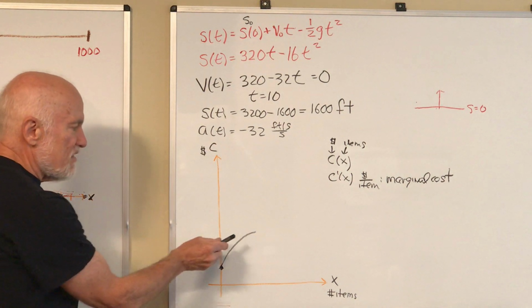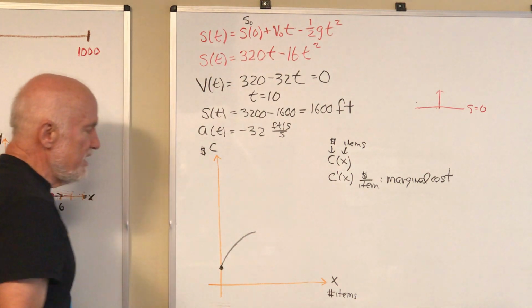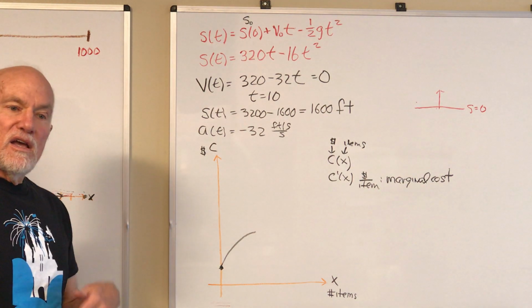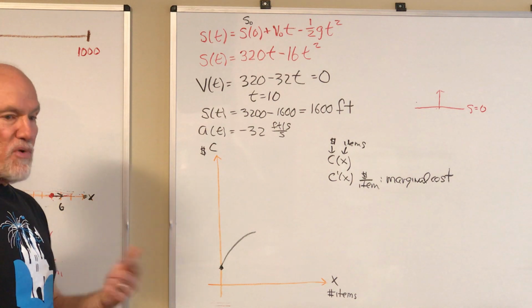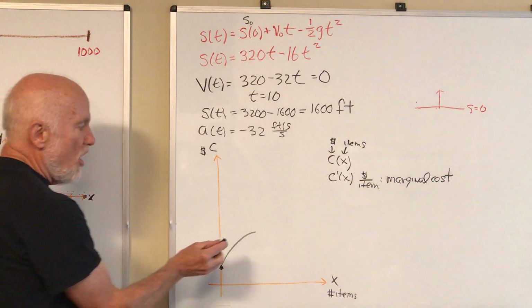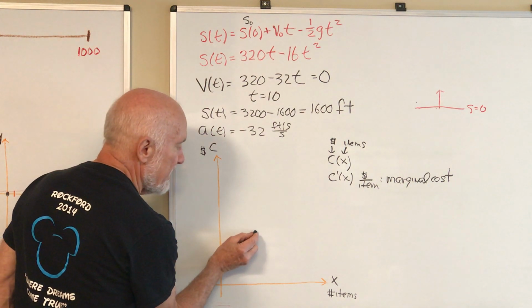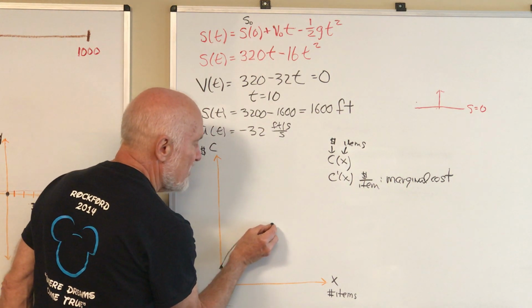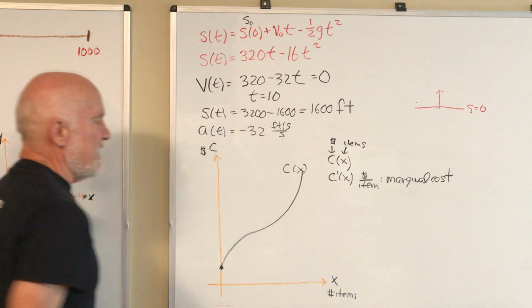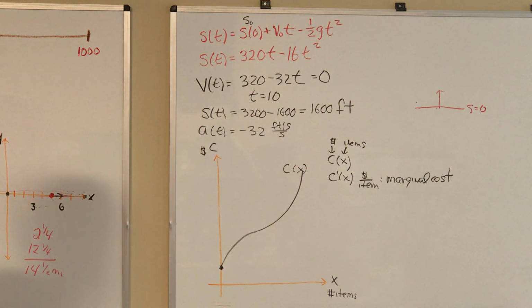Now, once you hit that spot, the maximum efficiency, then all of a sudden, if you try to make more, your assembly lines start to break down. You have to pay your workers overtime. So now the cost per item starts to go up again.